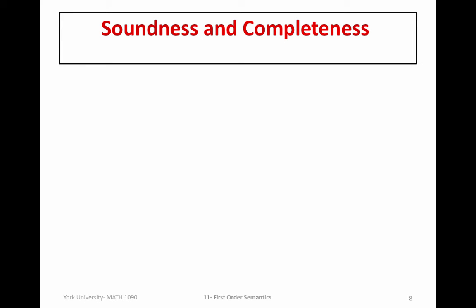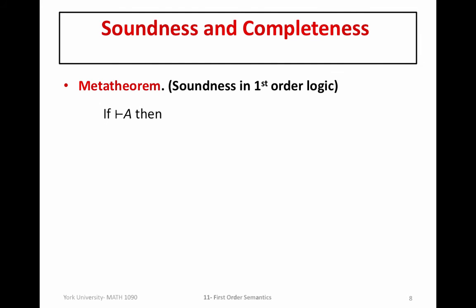So now, soundness and completeness within predicate logic involves connecting this new notion of semantics, so this notion of a universally valid formula, with ones that are absolute theorems or relative theorems. So soundness in first order logic says that if A is an absolute theorem, for example, then A is logically valid. So it turns out that everything we can prove is true is really true in predicate logic.